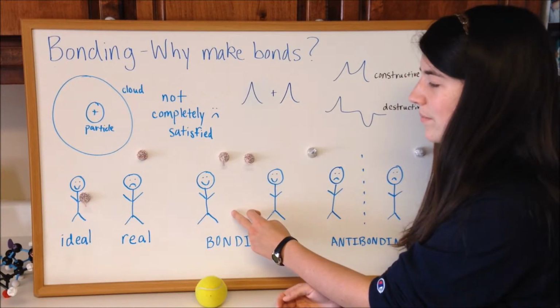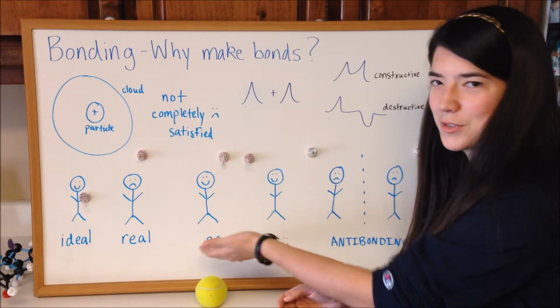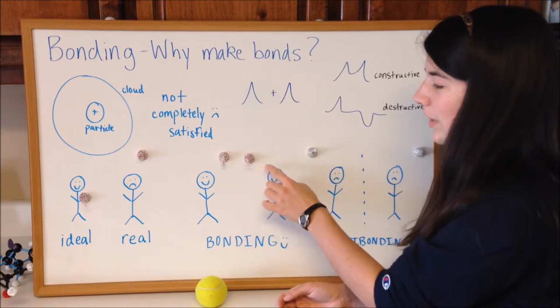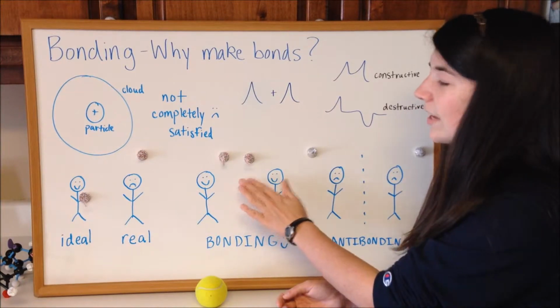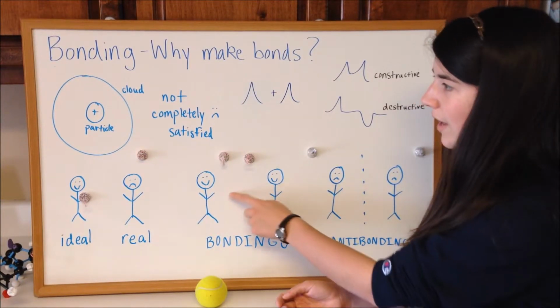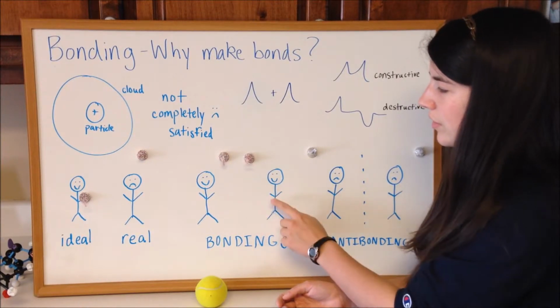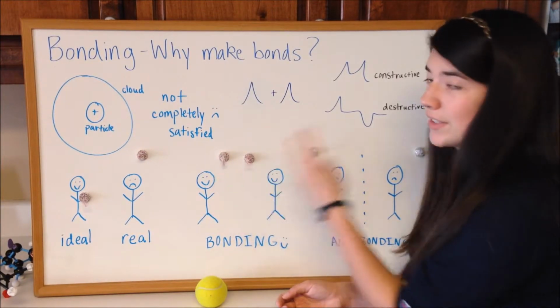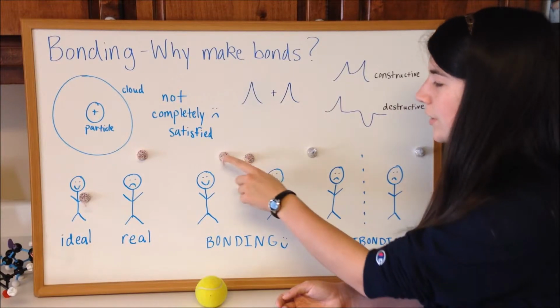two nuclei, so here we have two children, both with their one electron, they can share. So now we have two nuclei that are positively charged due to the protons, both able to see two electrons.